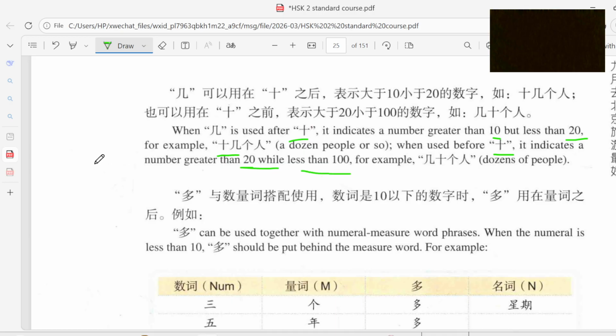Remember that we have ones, tens, hundreds, thousands, and so on. For example, ge comes before 十: 几十个人, dozens of people.